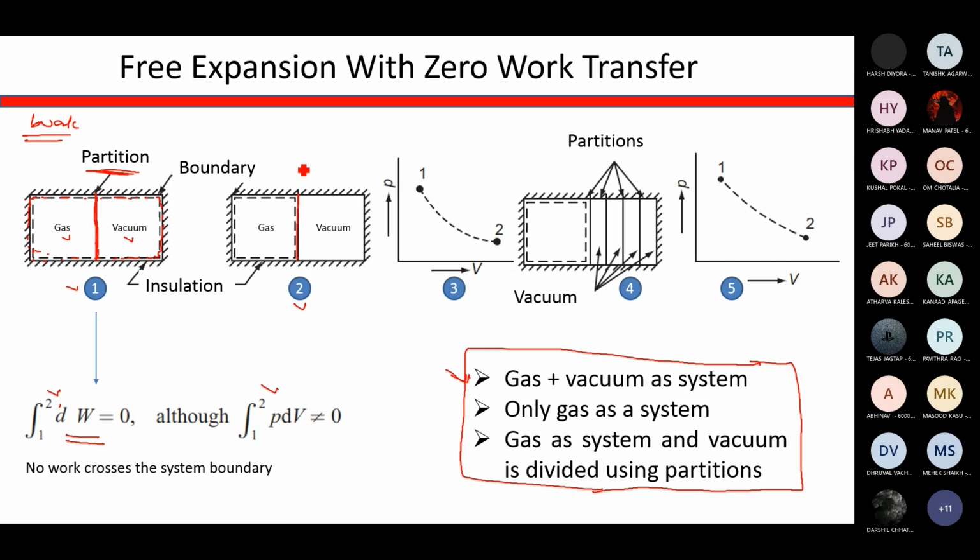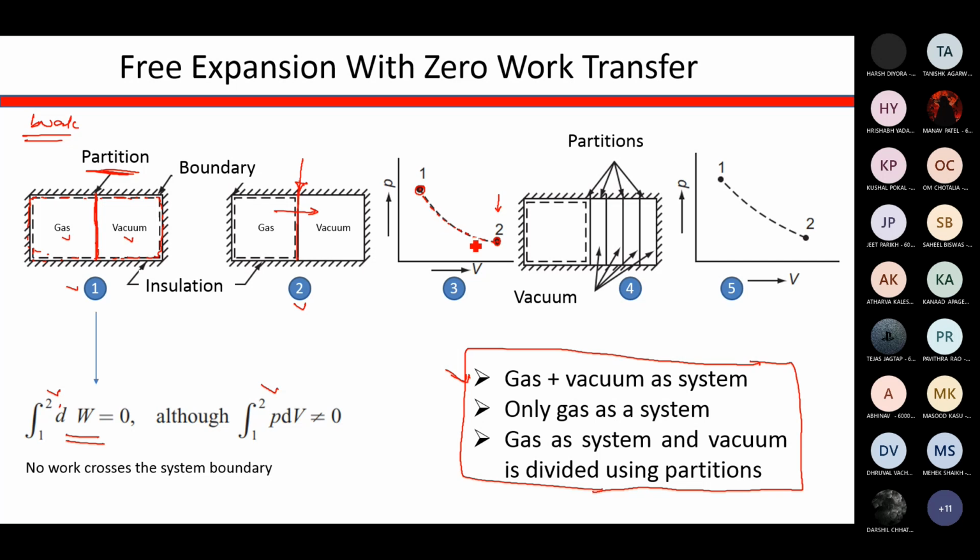But remember, the moment you take out the partition, what you know is only the initial state, which was before you take out the partition, and once you take out the partition, the gas will expand all of a sudden, and you will reach the state 2, which is again the final equilibrium state. So the in-between data is not available.